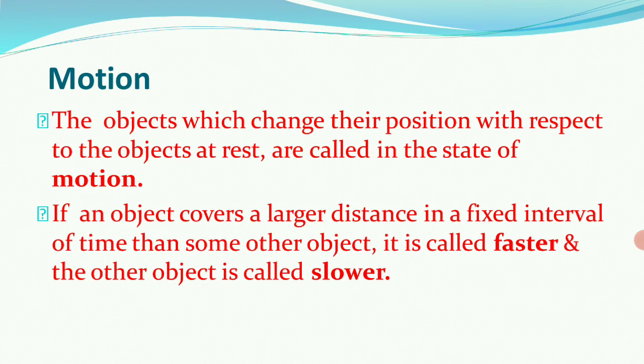Suppose you are standing near the open window of your room. You observe the vehicles, cars, buses, cycles, etc. All are moving. No one seems to be at rest. All are in motion. So, what do you understand by the term motion?